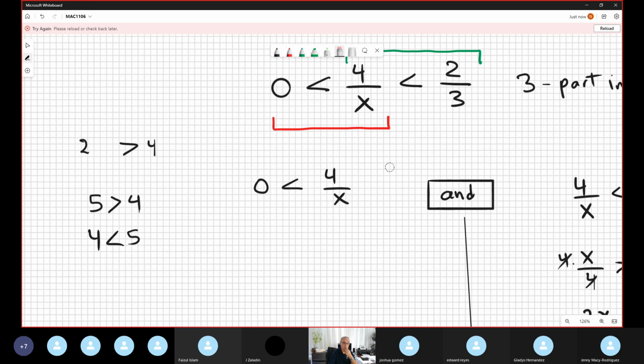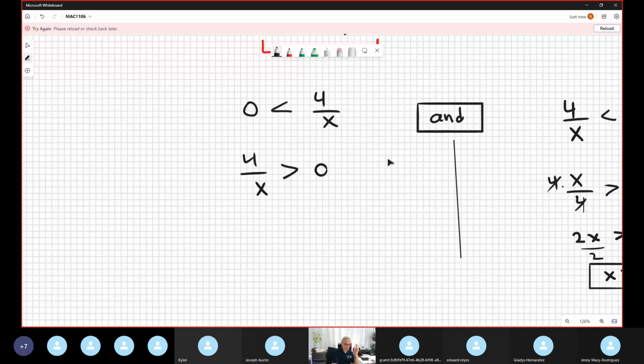Reason number 1, the most important, is when you multiply or divide by a negative. But reason number 2 is when, for some reason, you need to interchange. Let's suppose you put here 4 over x, you put 0 here, it's obvious that this sign stays. Make sense?